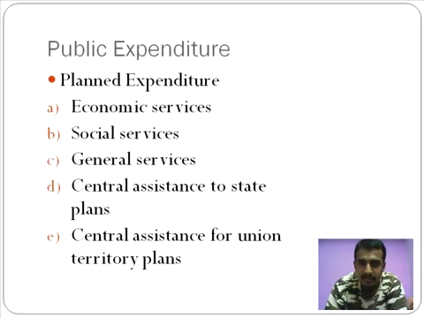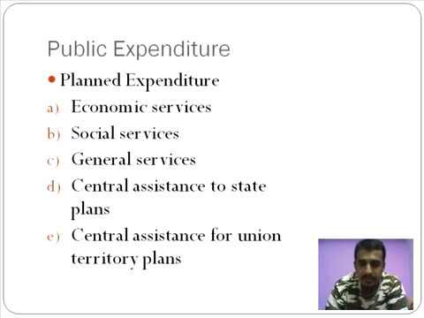All that gets categorized as social services. Then general services. For example, the government of India is required to run different prisons. The running of these prisons is in fact a very expensive task, so the cost is already decided in the budget.